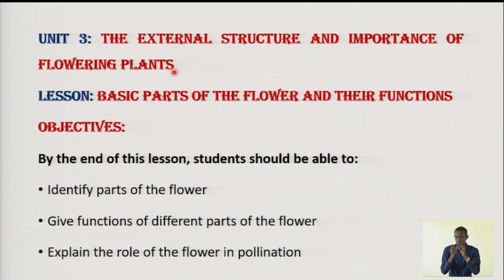This is from Unit 3, and then the lesson is basic parts of the flower and their functions. Our objectives. Students, by the end of this lesson, make sure you are able to identify different parts of the flower and their functions. Make sure you're able to explain the role of the flower in the process of pollination.